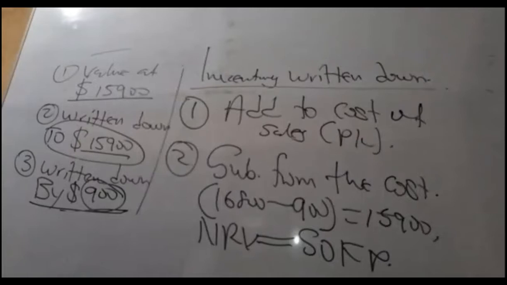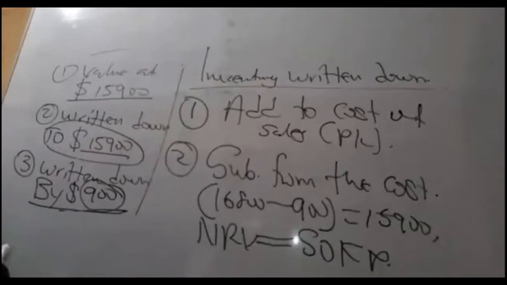Now, what are the circumstances or the instances where the NRV will be lower than the cost? We said that NRV is the estimated value that we are going to arrive at if we are to sell this asset.